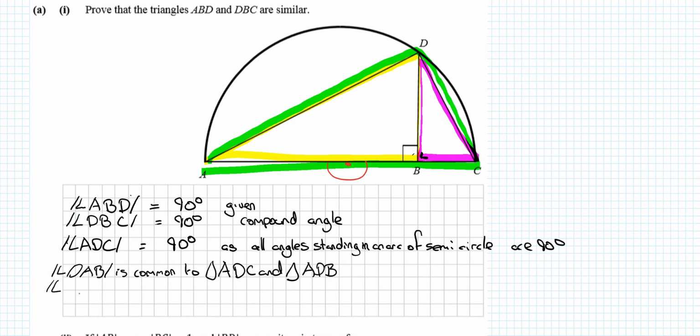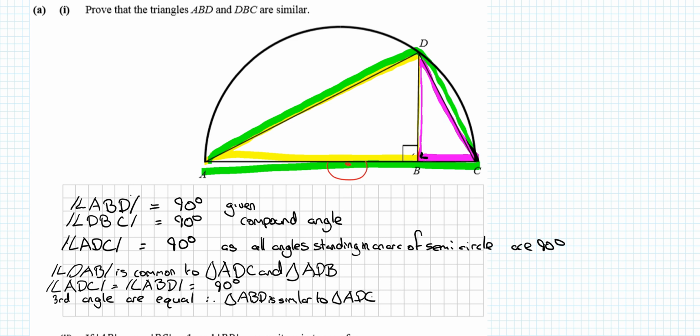The angle ADC is equal to the angle ABD. They're equal to 90 degrees. And the third angle are equal. Therefore, triangle ABD is similar to triangle ADC. So that's the green one and that's the yellow one.